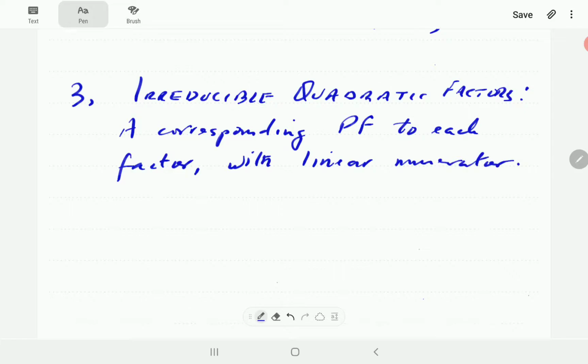All right, so here are our examples. Suppose we have got x plus 2 over x times x squared plus 1. Now x squared plus 1 we cannot factorize, well, not unless we use imaginary numbers, which we're not doing at this point.